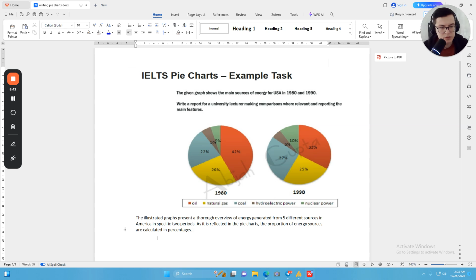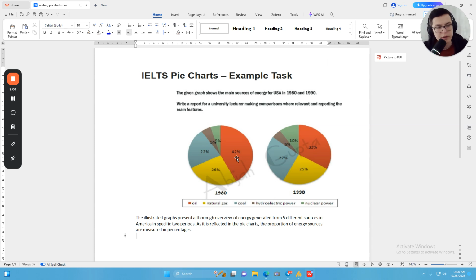So that also gives a reader much thought about the measurements, or you can say measured instead of calculated, let's say to be specific, measured in percentages. Okay, let's move on to our overview paragraph.